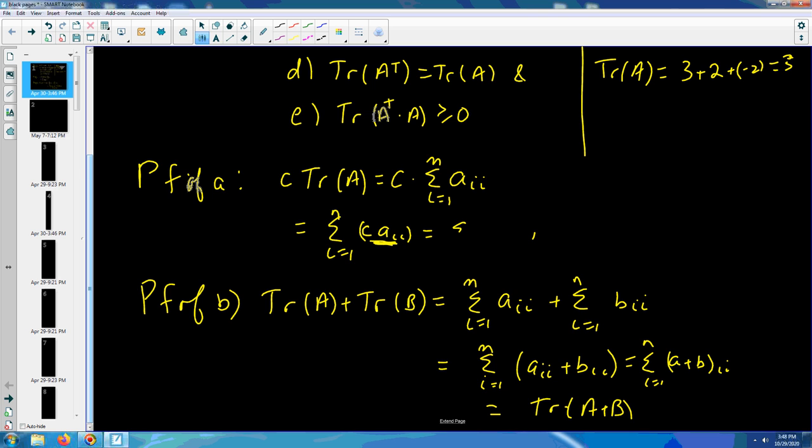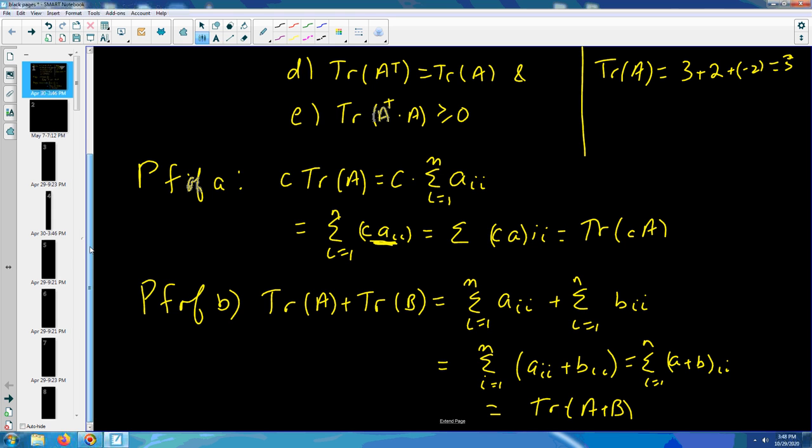C times A_ii is the same as the ii entry of CA. And that is the trace of CA. Okay, that's letter B.